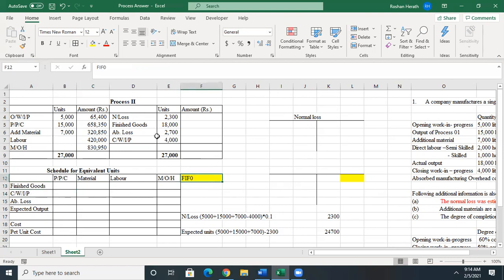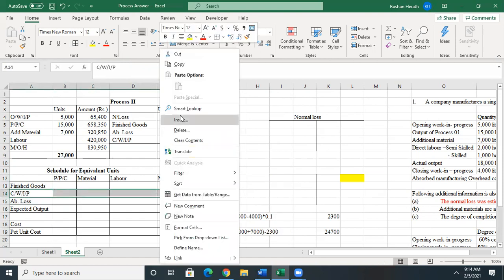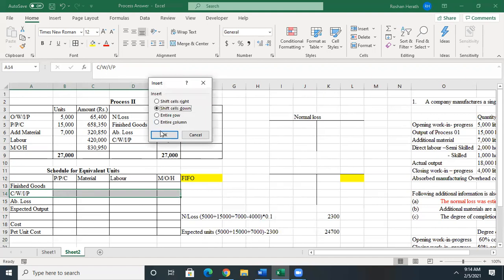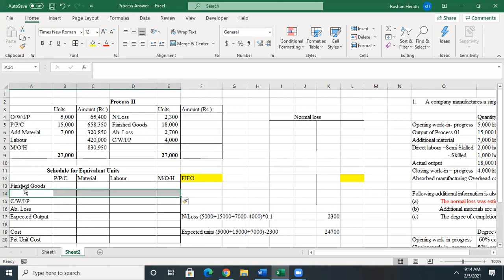Under the FIFO method, the basic thinking is that whatever units you start first must be completed first. The first in, first out. So therefore, when it comes to this output, you need to make a little distinction. You cannot straight away take it as a finished good, but you take it like this. Opening WIP to be completed.